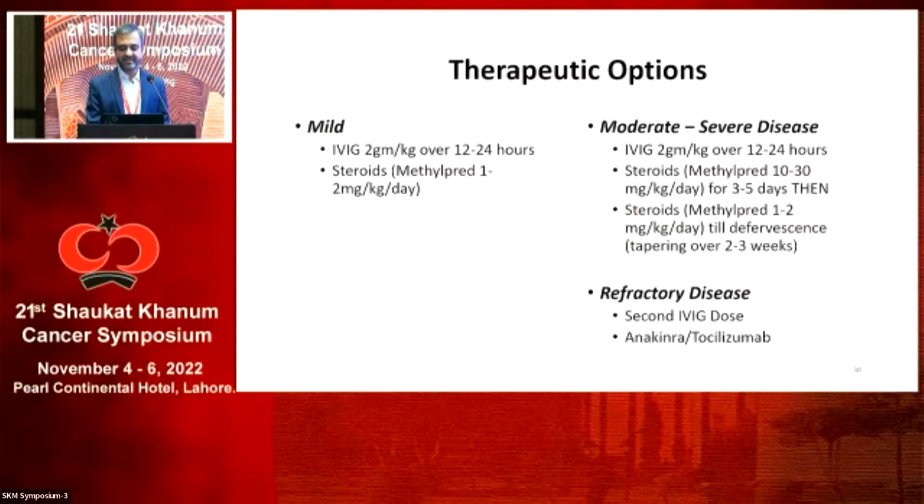And in refractory cases where the fever is not settling or the inflammatory markers are persistently elevated, people have studied and considered a second dose of IVIG or using anakinra or tocilizumab in those selected cases.